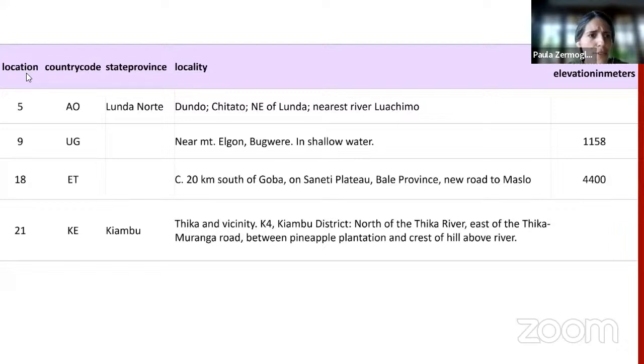Don't pay attention to the first column. This is just a number that we have assigned to these locations for tracking them during this session. So it has no meaning at all. We have a column for country code, a column for state province, a column for locality, and one for elevation in meters. Some of the locations will have information in some of these fields, some may not. For instance, the first one doesn't have elevation information, but for each one, you have to take all the information that you have here and try to georeference that location.